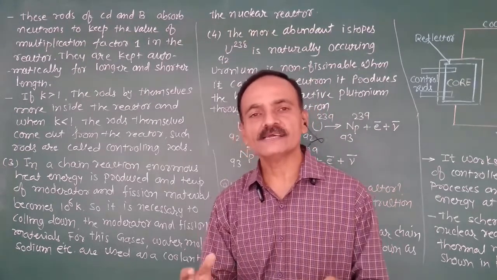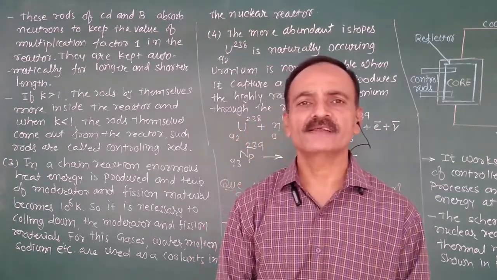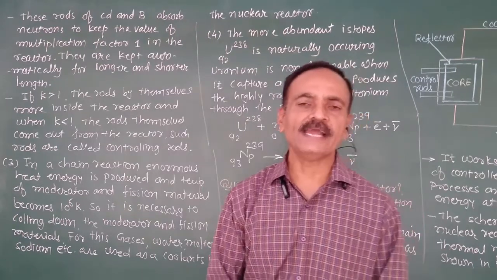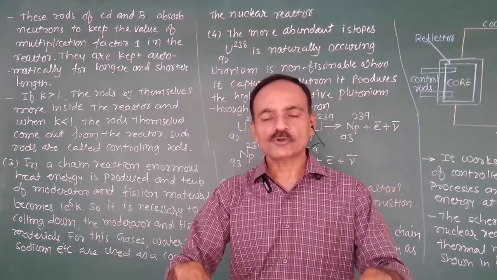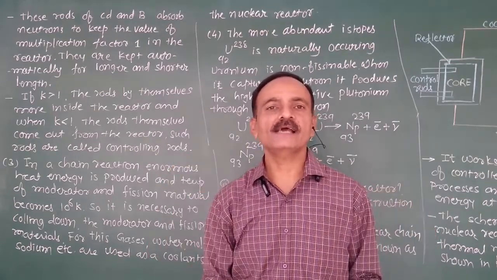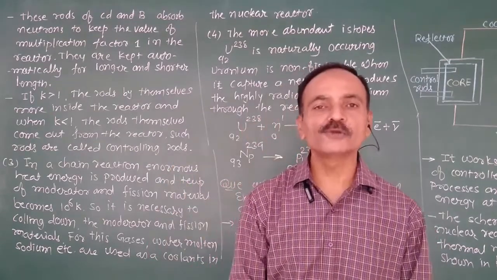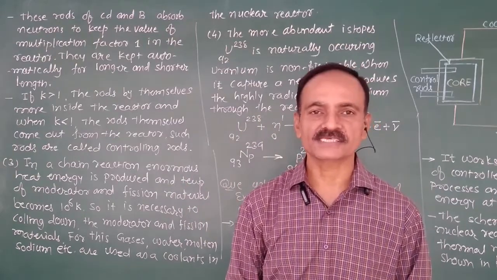And when the value of K is less than 1, in the subcritical state, at that time the controlling rods automatically come out from the reactor to allow more neutrons for the fission process.